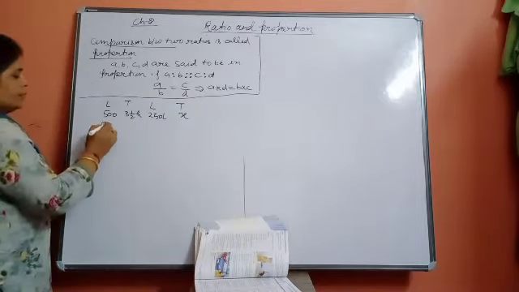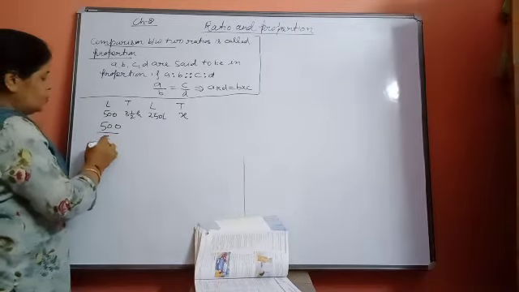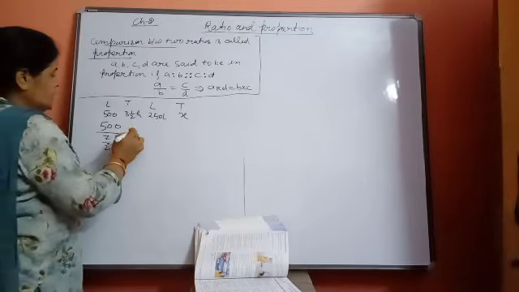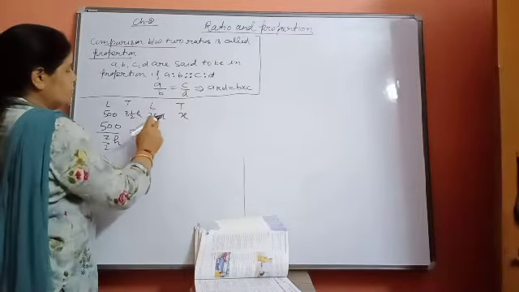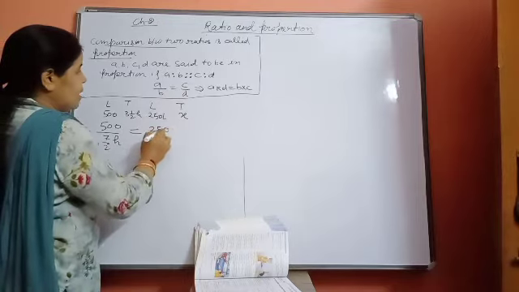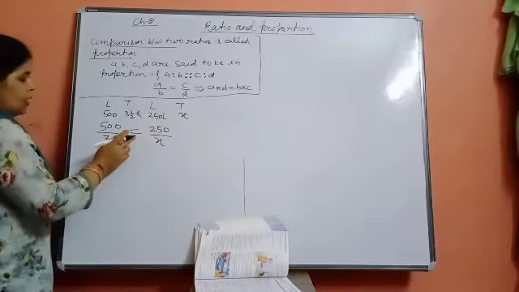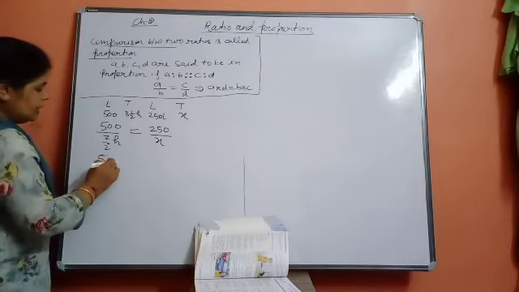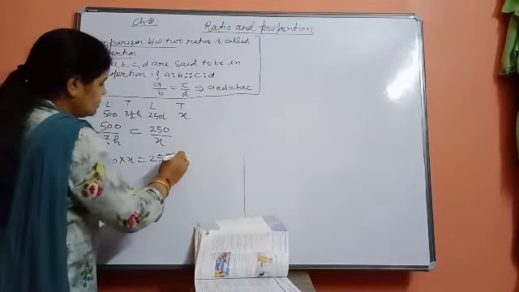500 divided by 3.5, that is 7 upon 2, is equal to C upon D, meaning 250 upon X. Now how will you do it? 500 into X is equal to 250 into 7 upon 2.